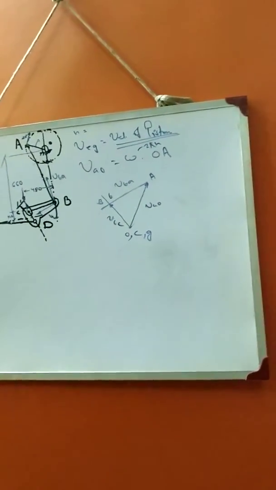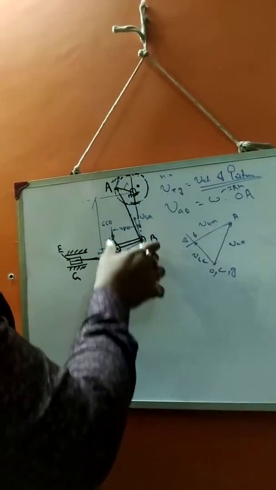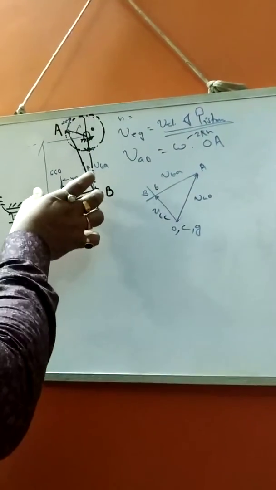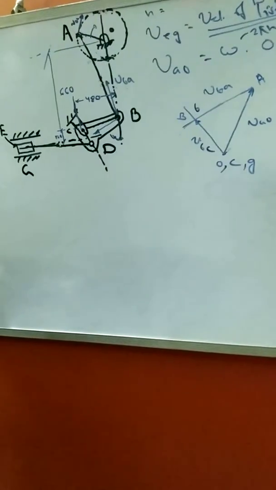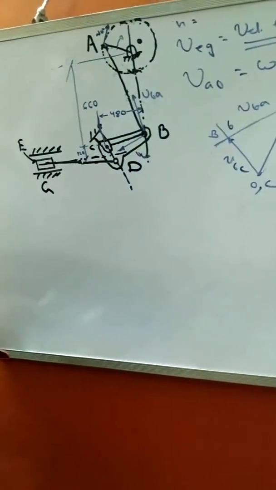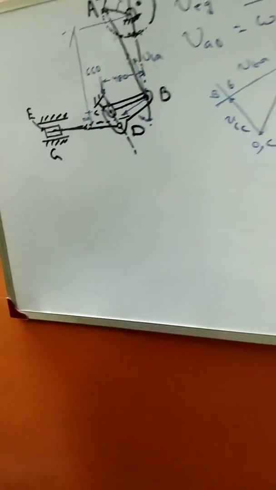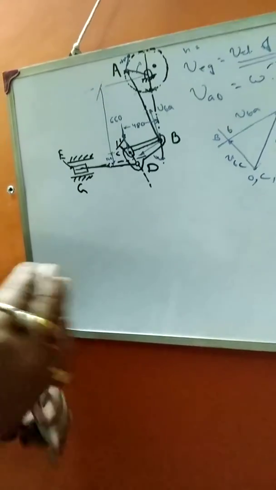Now an important thing is that this structure BCD is an integral part. So the velocity of C with respect to B and the velocity of D with respect to C cannot be the same, but basically should be proportionate.